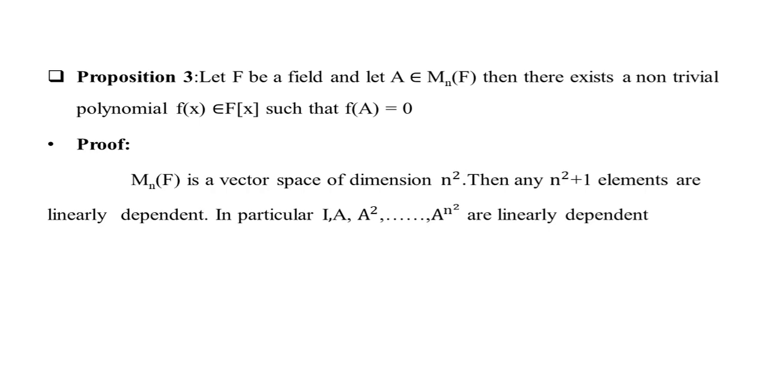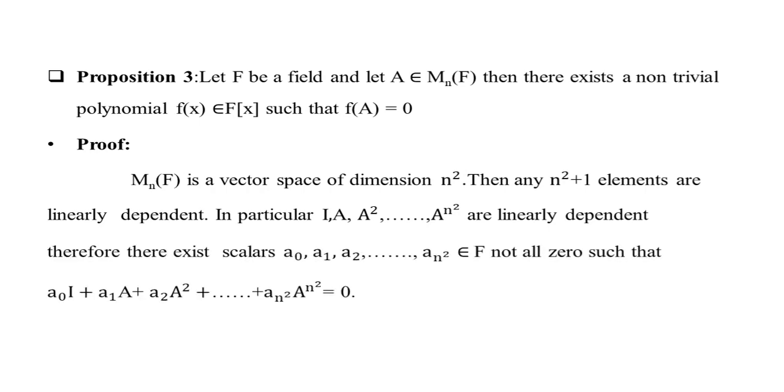Therefore, see here, there exist scalars a0, a1, a2 up to a n square in F, not all zeros, such that a0 I plus a1 A plus a2 A square, etc., a n square A power n square equal to 0.